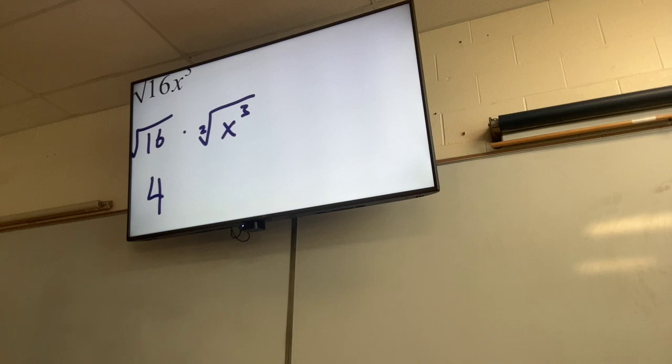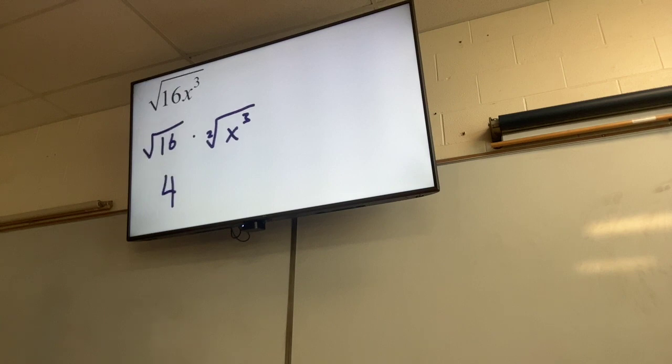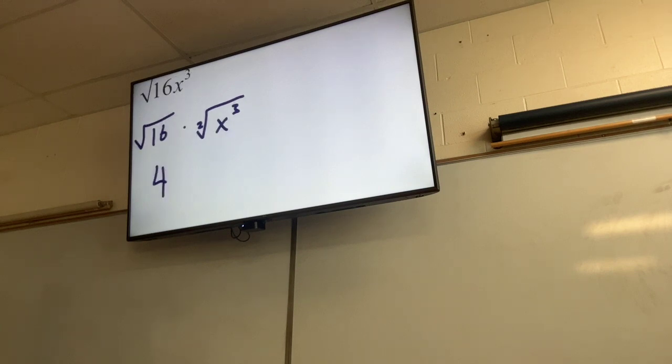No. So here's what we're going to do. We're not going to turn it into a fraction, unless our directions say to leave it in fraction form, but they don't here. So we divide 3 by 2. How many times does 2 go into 3, and what's my remainder? 1.